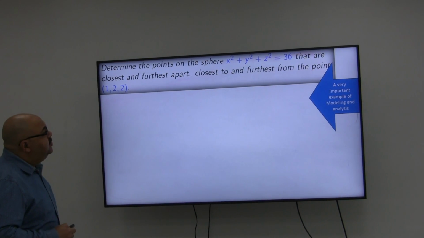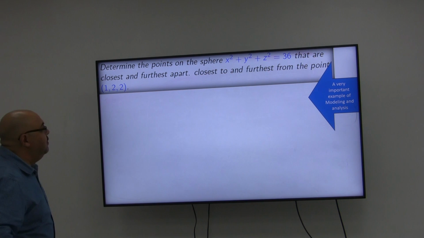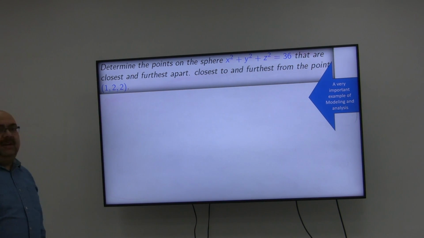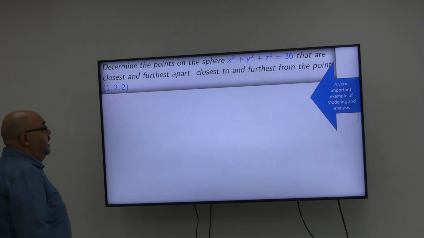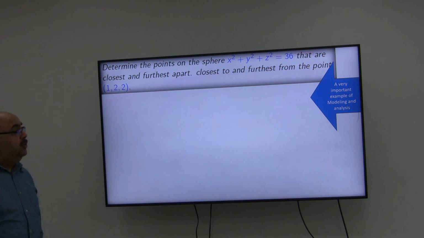This problem is really very nice, a very important problem, because it's an example even of modeling your problem. We will determine the points on the sphere x squared plus y squared plus z squared equals 36.